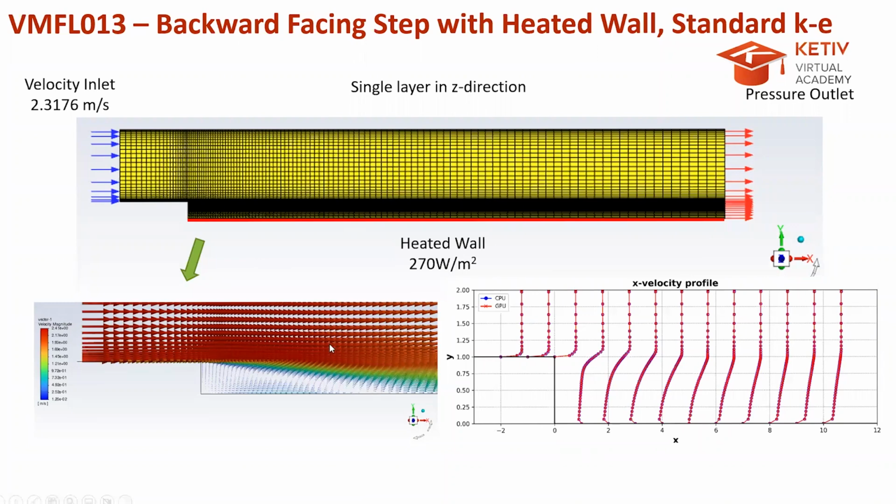We are looking at the velocity profiles at different sections along the axial length of this backward-facing step. And as you can see from the legend, both the GPU and the CPU runs give you similar results. They're overlapping, so you're not even able to differentiate between them.